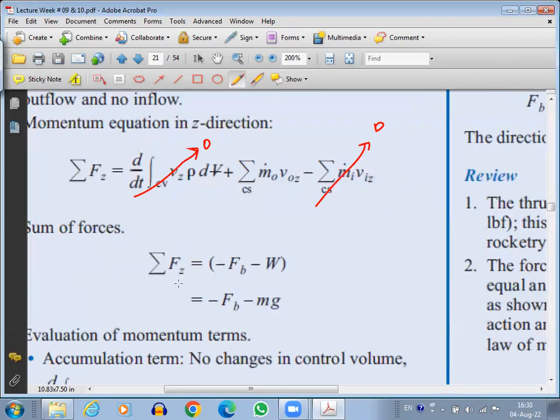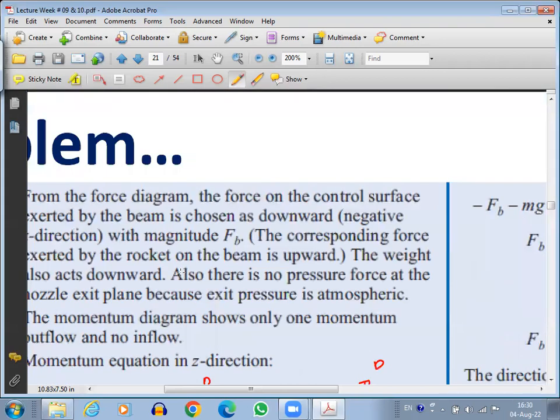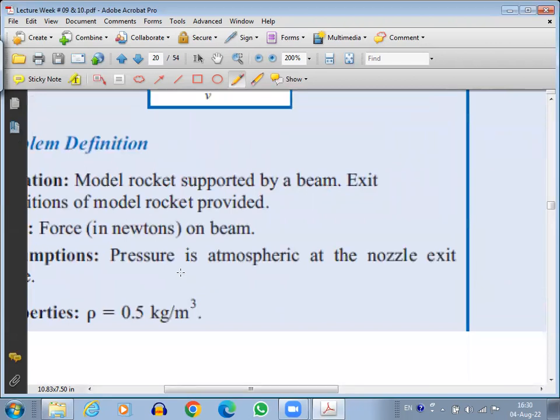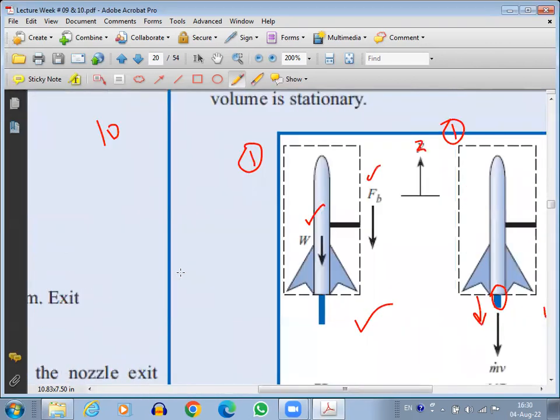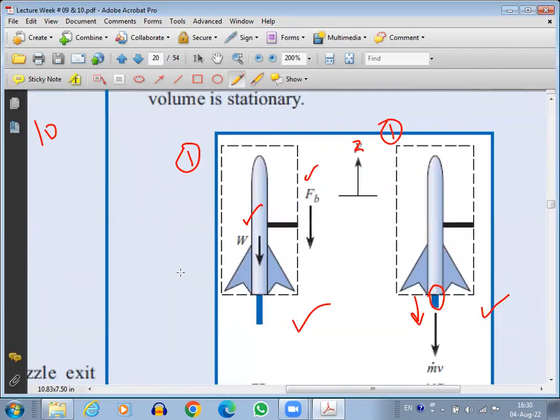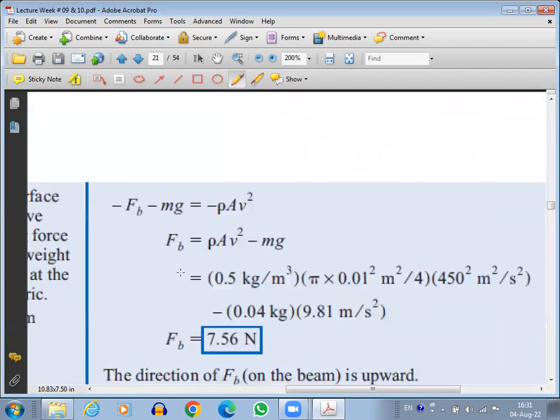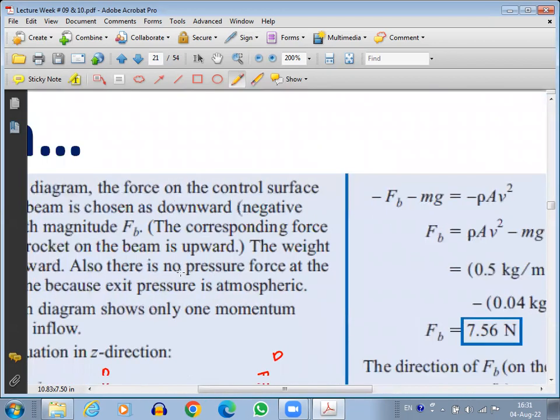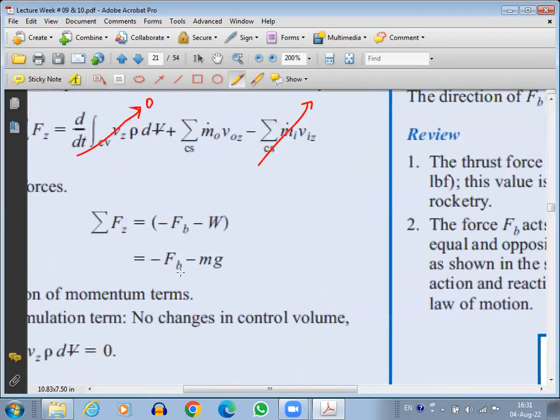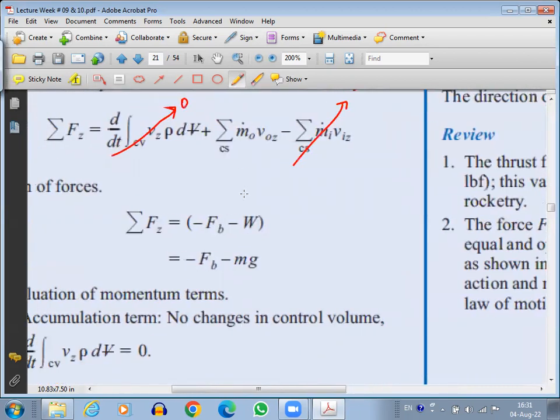So forces in the z direction. Given that our z direction is positive upward, F_B and weight both are in the negative z direction. Since both are in the negative z direction, we can write summation Fz will be negative F_B, negative W, or W can be written as mg.